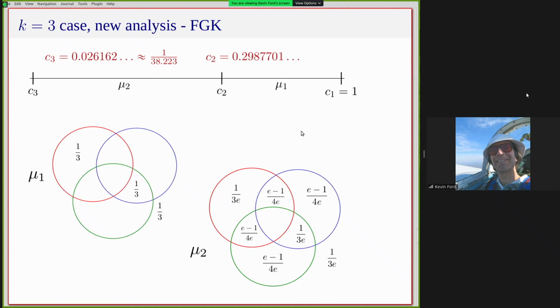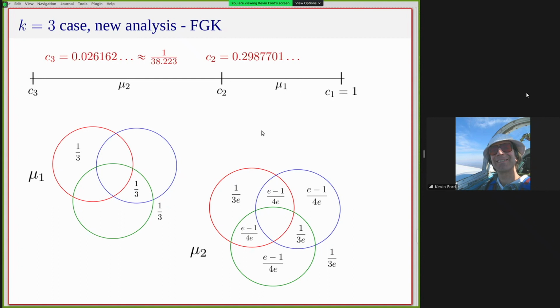So in the case K equals 3, there's essentially up to isomorphism only one flag to consider. So the optimization is very easy. Now, given a flag, which means essentially given how many of these mu's there are and what their support should be, we have a relatively straightforward procedure for optimizing the constants and the measures.